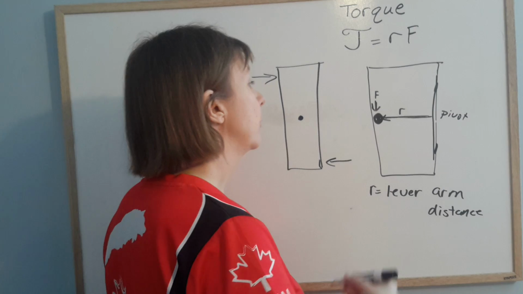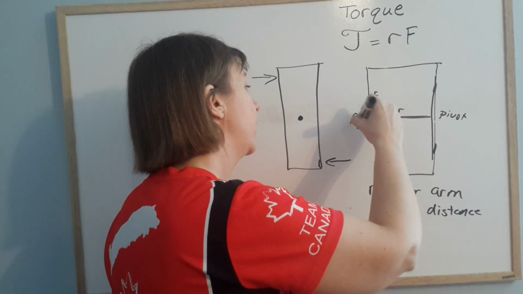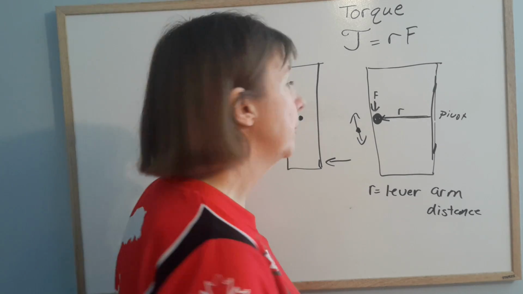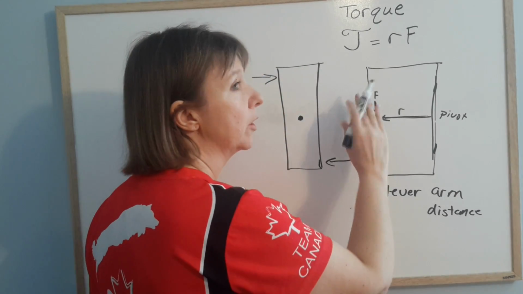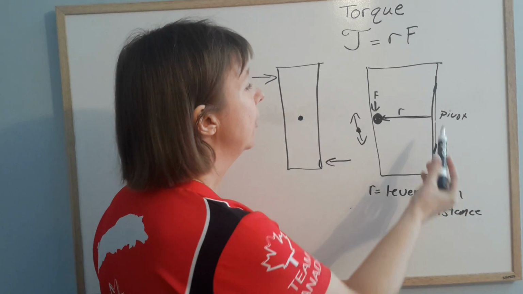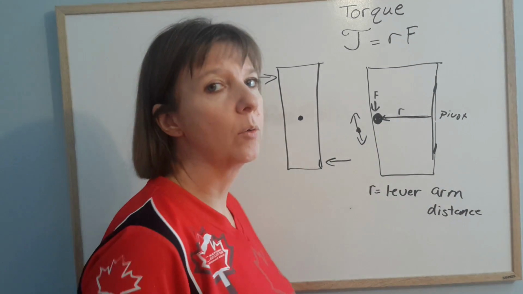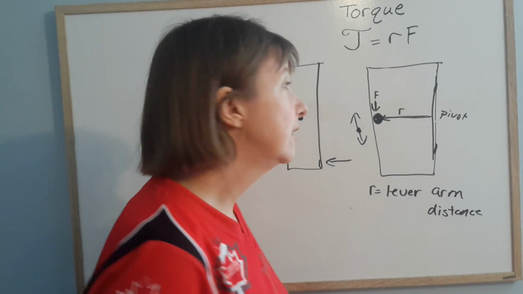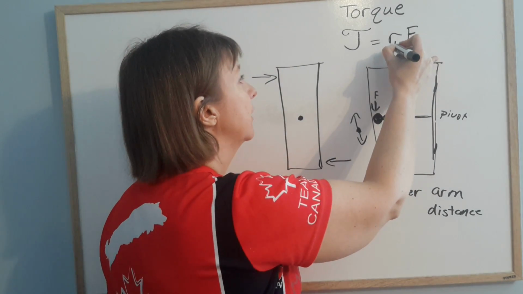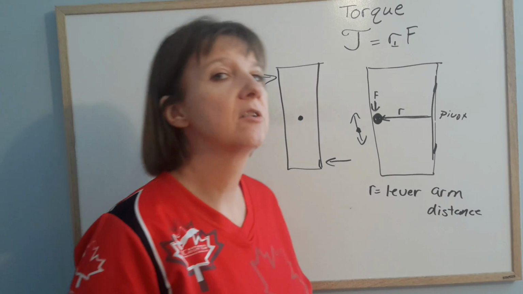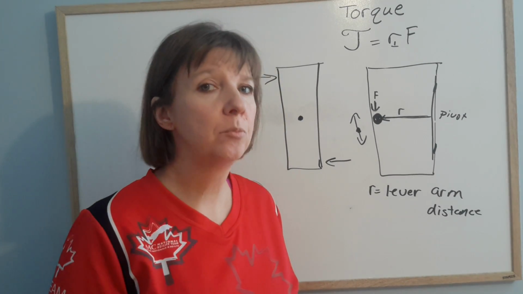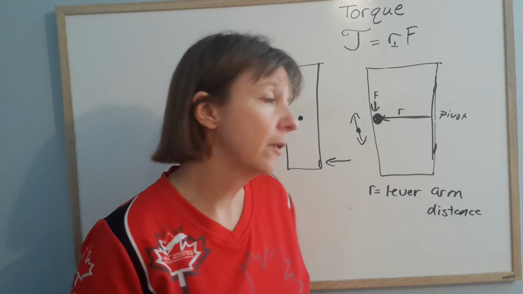You are either pushing the door in or pulling the door out, but the lever arm distance is going across. They are perpendicular to one another. In the textbook, they actually put a little perpendicular sign on their R just to remind you that those two things have to be perpendicular to one another.